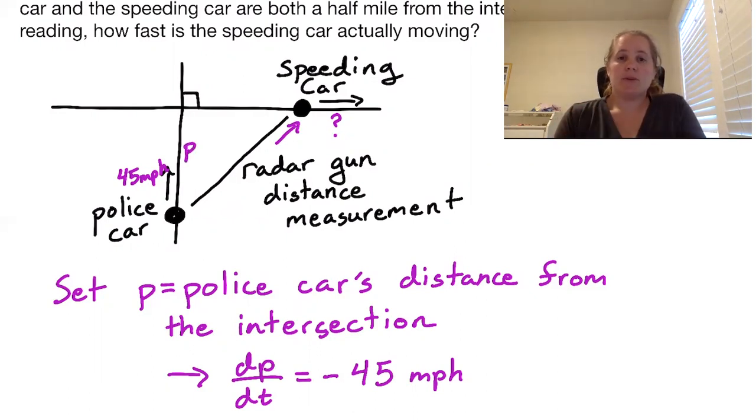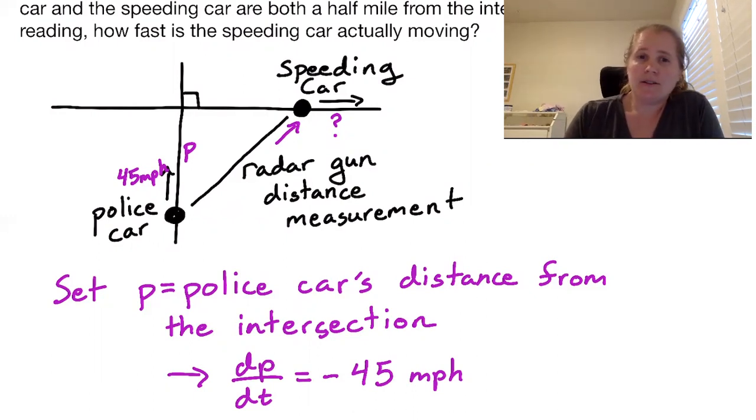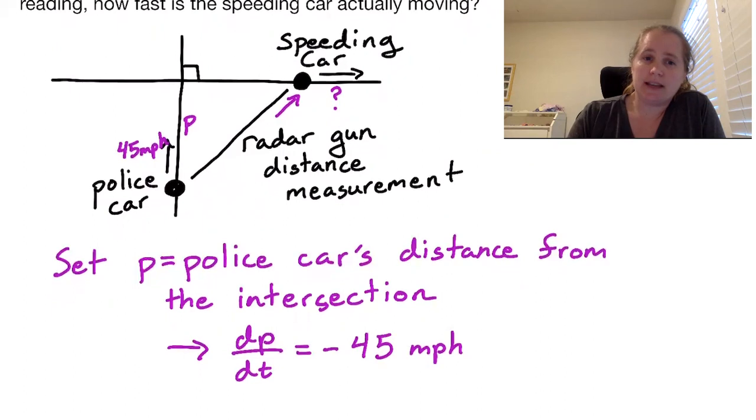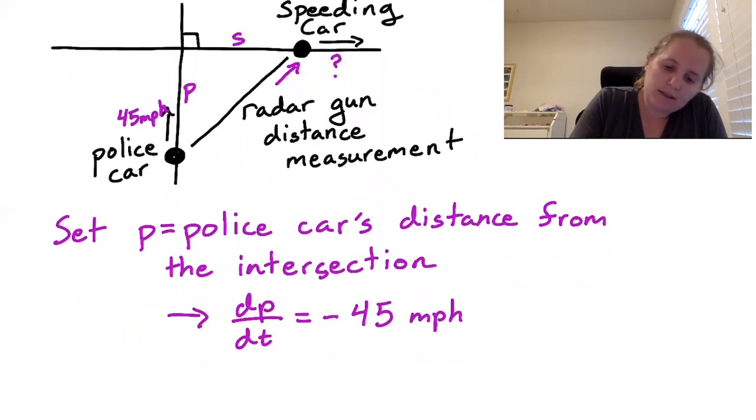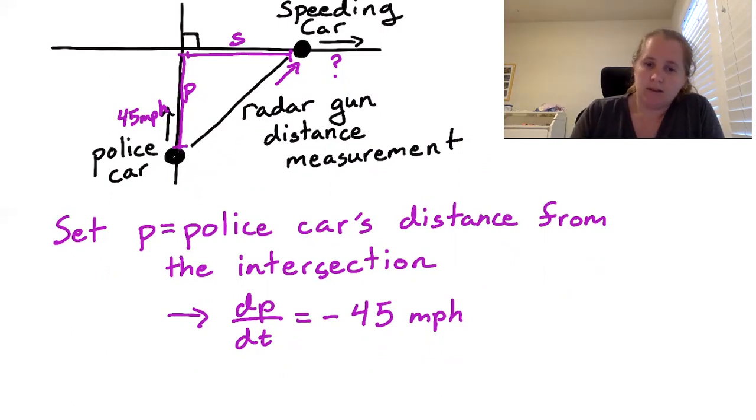And then I'm going to label the speeding car's distance from the intersection as S. So we'll make this distance S from here to the speeding car. P is from the intersection to the police car.